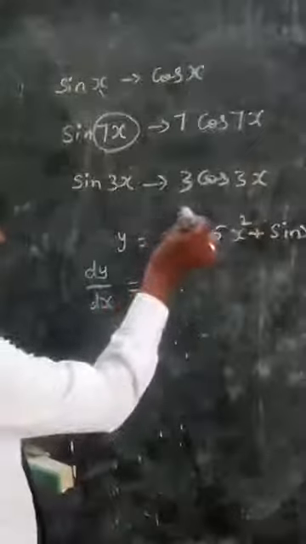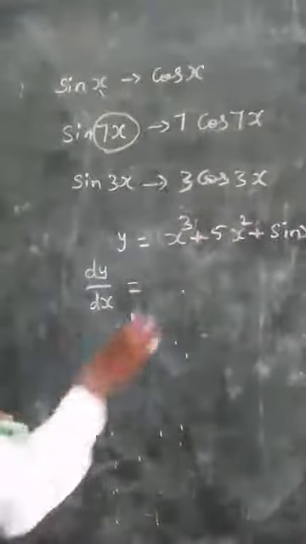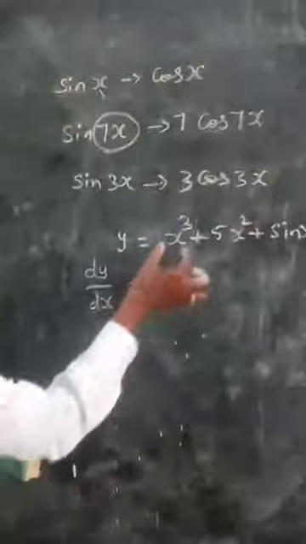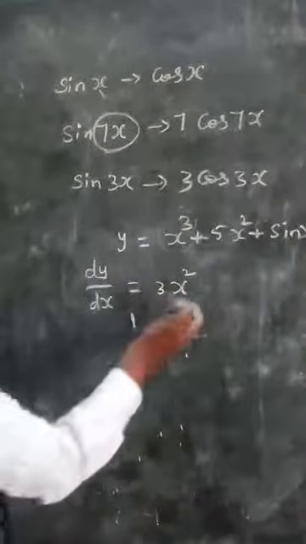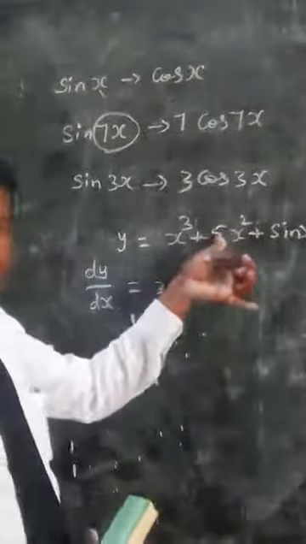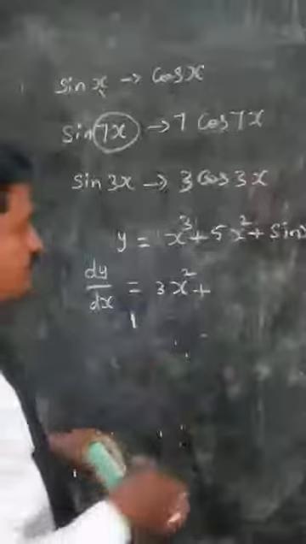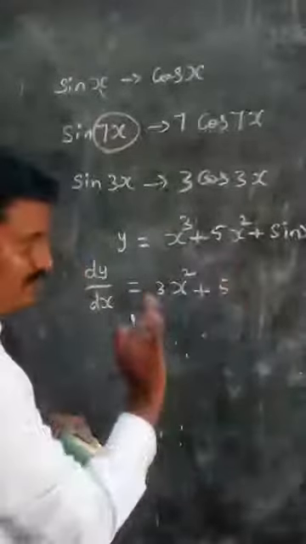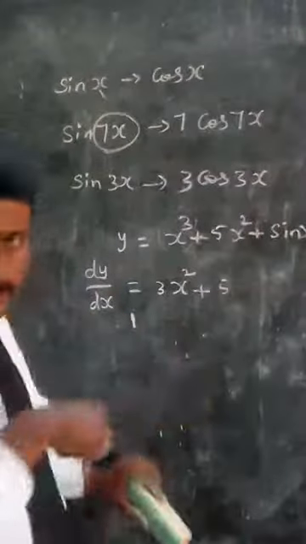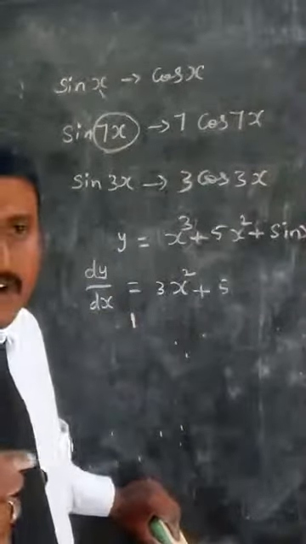Now this is y. I am going to differentiate this term with respect to x. Now immediately tell, what is the formula for x power 3? The power will come to the front, and the power gets reduced by 1. So the x cube answer is 3x square, plus 5 constant will remain. What is the differentiation of x power 2? 2 will come to the front, 2x power 1.